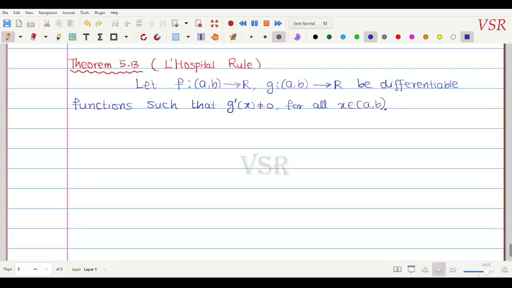So f and g are two differentiable functions, and g'(x) is not equal to 0 for every x belonging to the open interval (a, b).